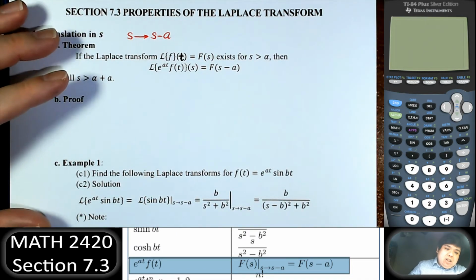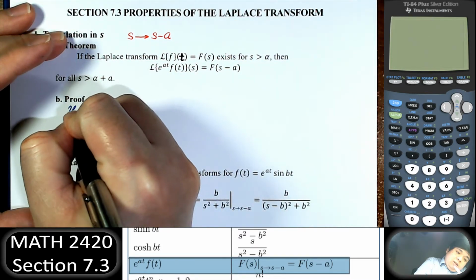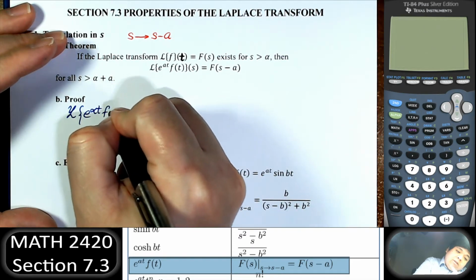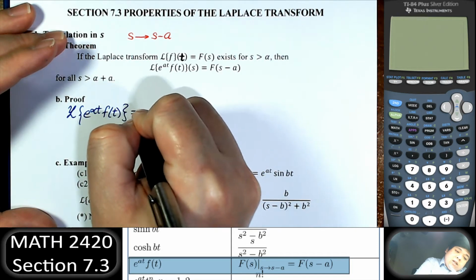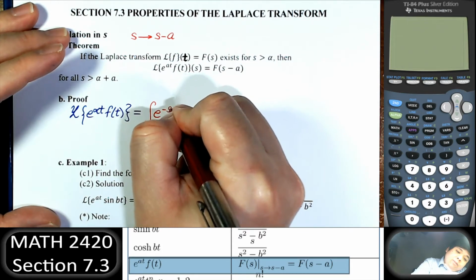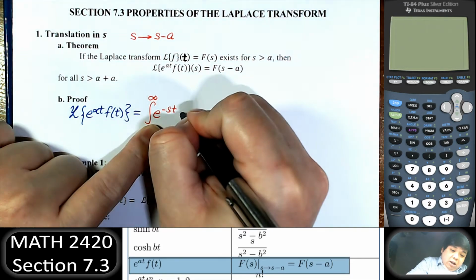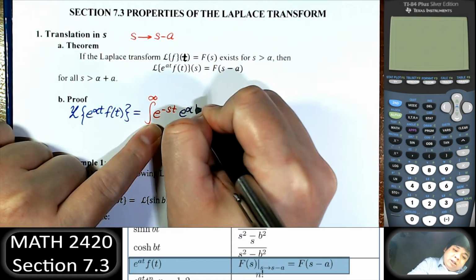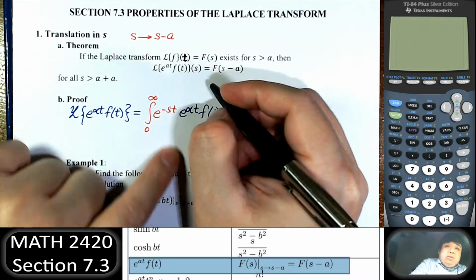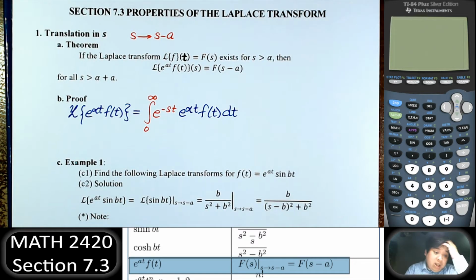But first let's say we try to find the Laplace transform of e to the alpha t f of t. Now we still use the definition here. That is the definition of Laplace transform: just multiply the function by e to the negative st, integral from 0 to infinity with respect to t.